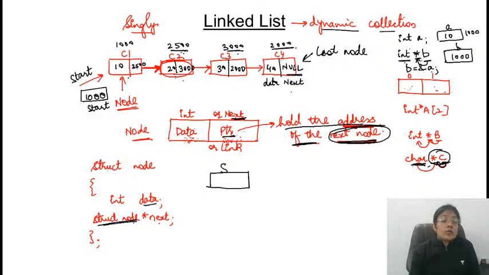Start is holding the address of the first node of the linked list. What if the linked list is empty? If the linked list is empty, in that case S will be holding the address of what? If there is no node at all, whose address will it hold? Definitely it will be holding null. Yes, start will hold the null value.